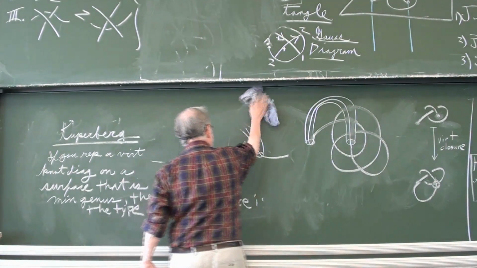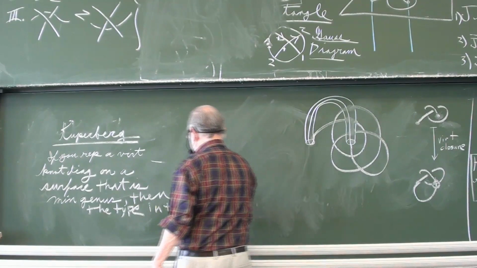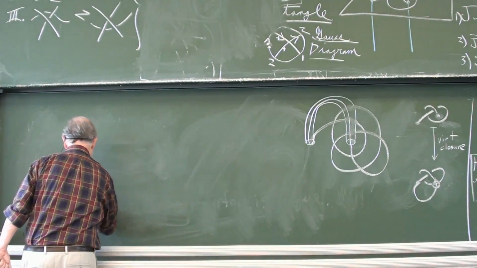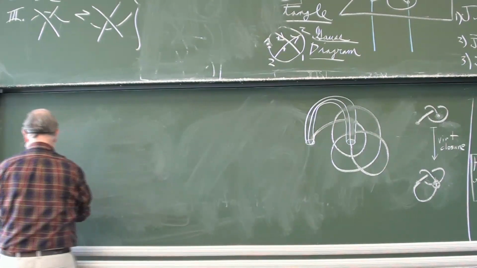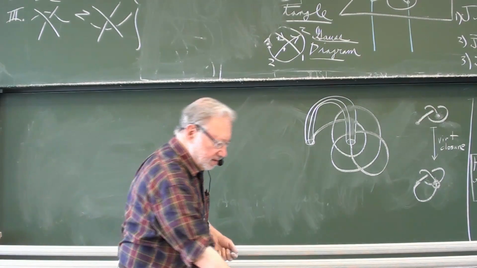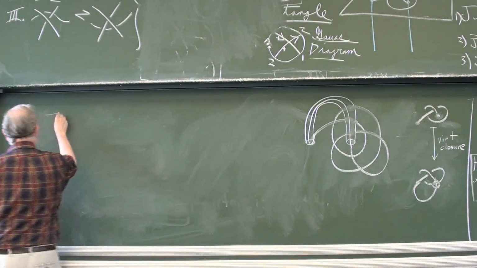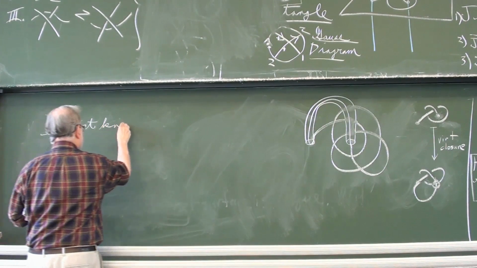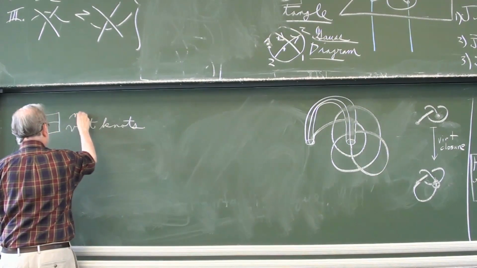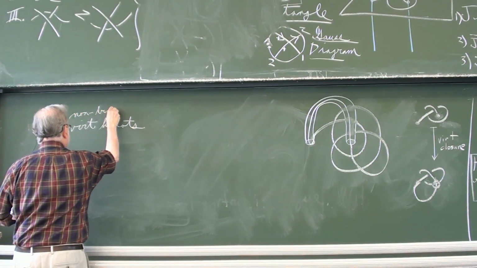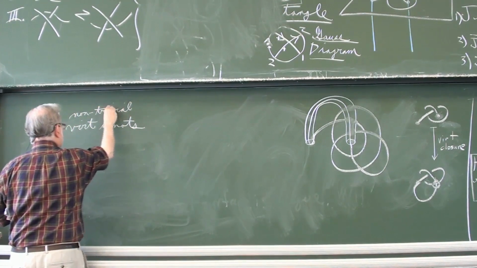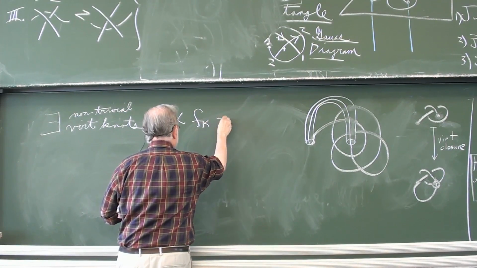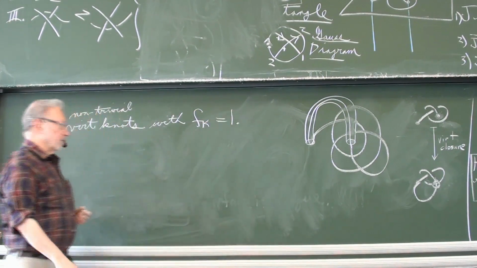The thing I wanted to mention, which has to do with the somewhat edgy nature of the conjecture I've been telling you about, is that there exist virtual knots, non-trivial, with fk equal to 1, with Jones polynomial equal to 1.